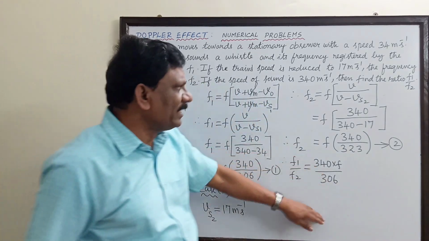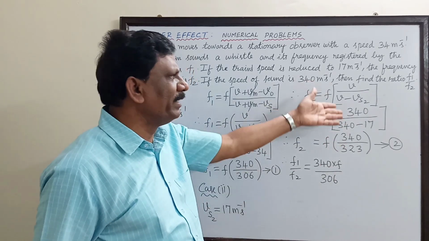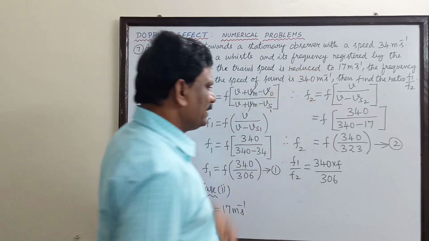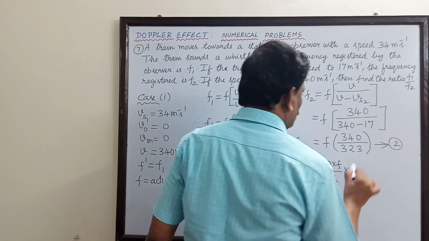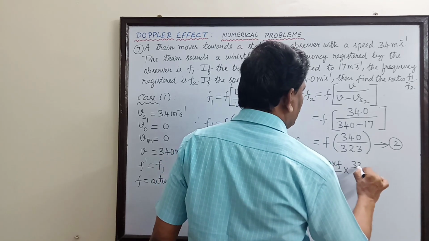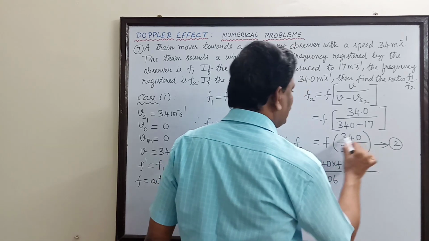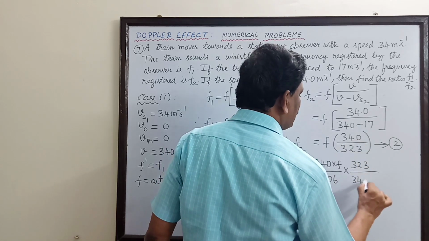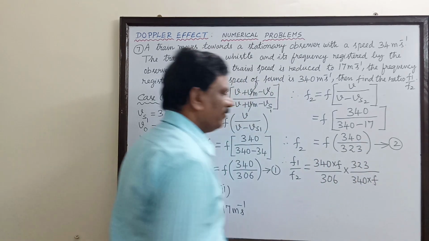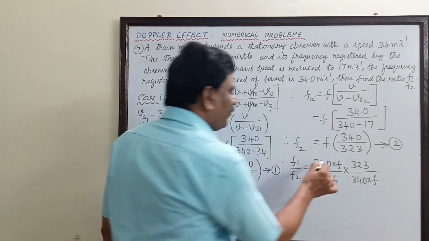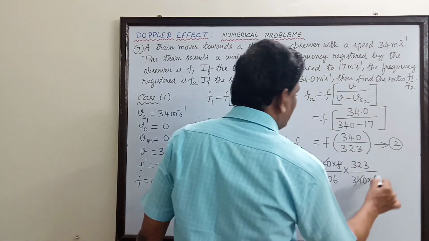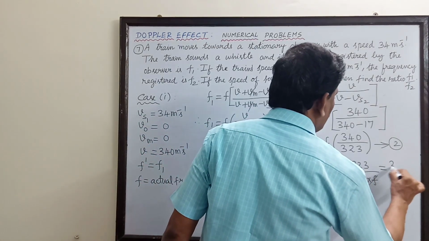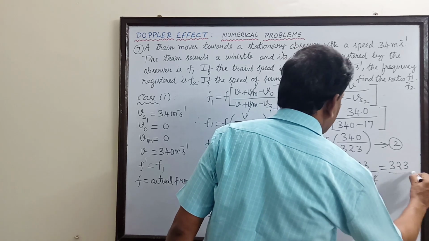This has to be divided by F2, or multiplied by the reciprocal of F2, into 323 divided by 340 into F. So the 340 and F get cancelled.